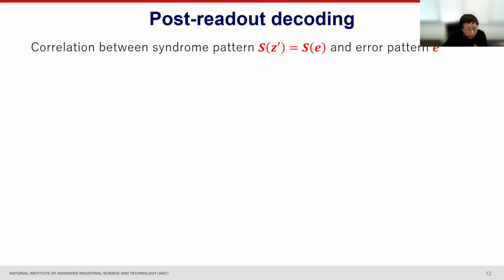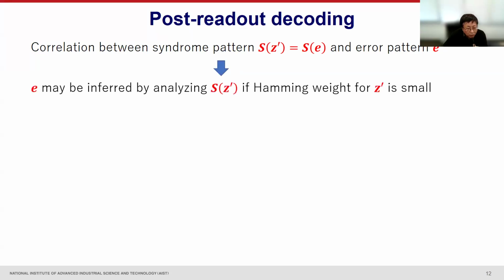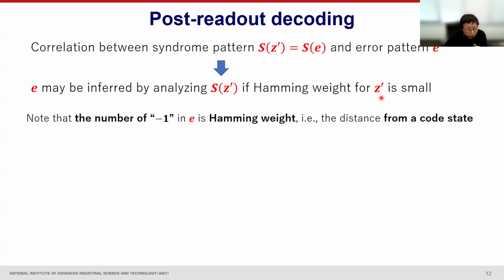In this case, we can infer error patterns by analyzing the associated syndrome if the weight for the false state Z prime is small. Here we should note that the number of -1 in the error pattern is the Hamming weight, that is, the distance from a code state.